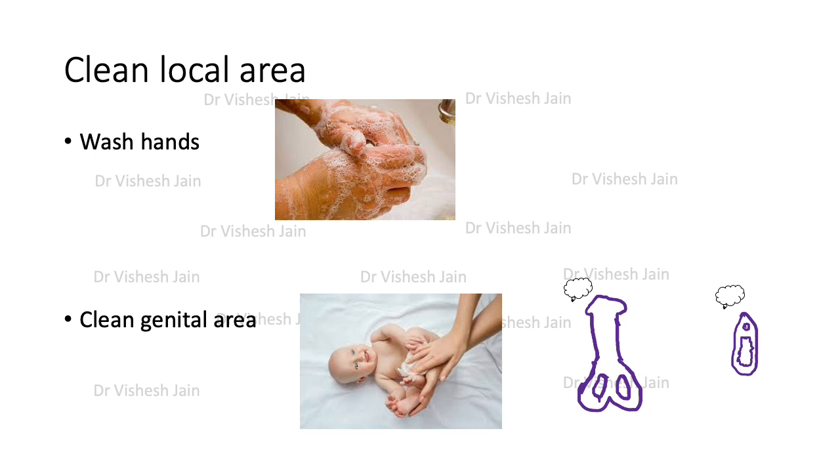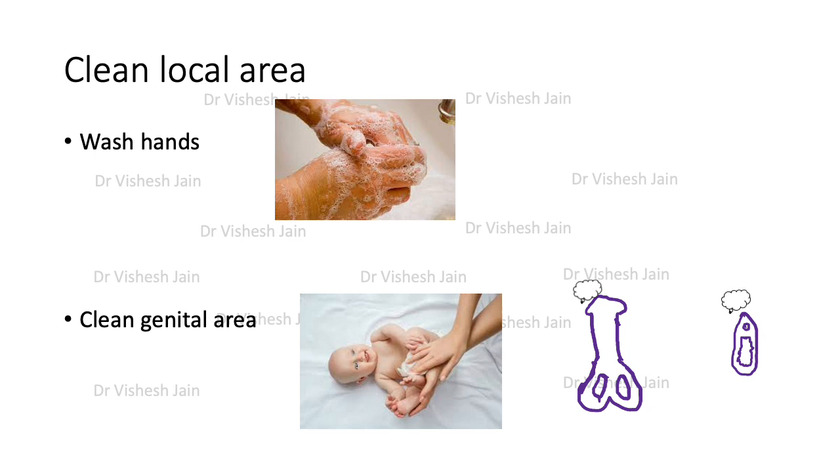It is also important to clean the genital area of the baby, and while doing so, the foreskin should be retracted in boys and the labia gently separated in girls.